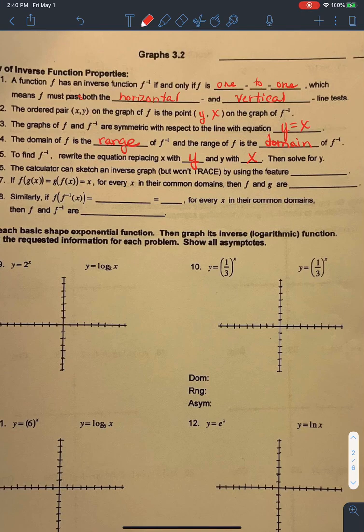Number 6, we did not actually tackle number 6 in our notes, so I'm just going to briefly put in here, draw inverse, but I am not going to teach you those calculator things until later. Number 7, it says if f of g of x is equal to g of f of x, and those both come out to be x, then f and g would be considered inverses.